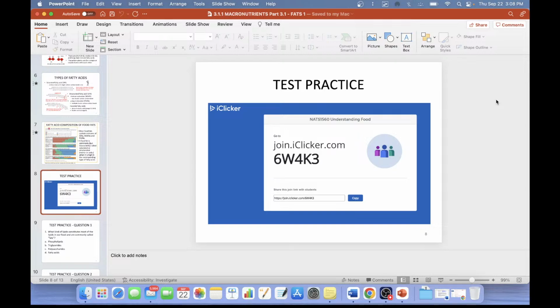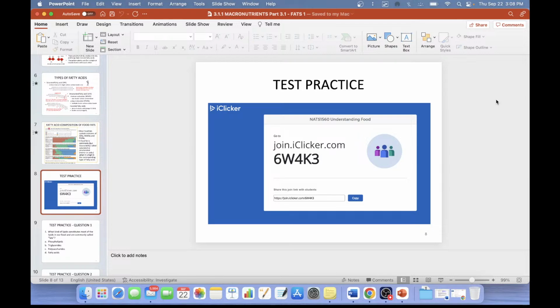So, what kind of lipids constitutes most of the lipids in our food and are commonly called fats? Phospholipids, triglycerides, polysaccharides, or fatty acids. Okay, I get most of the answers, 84%, for answer B, which is the correct one.